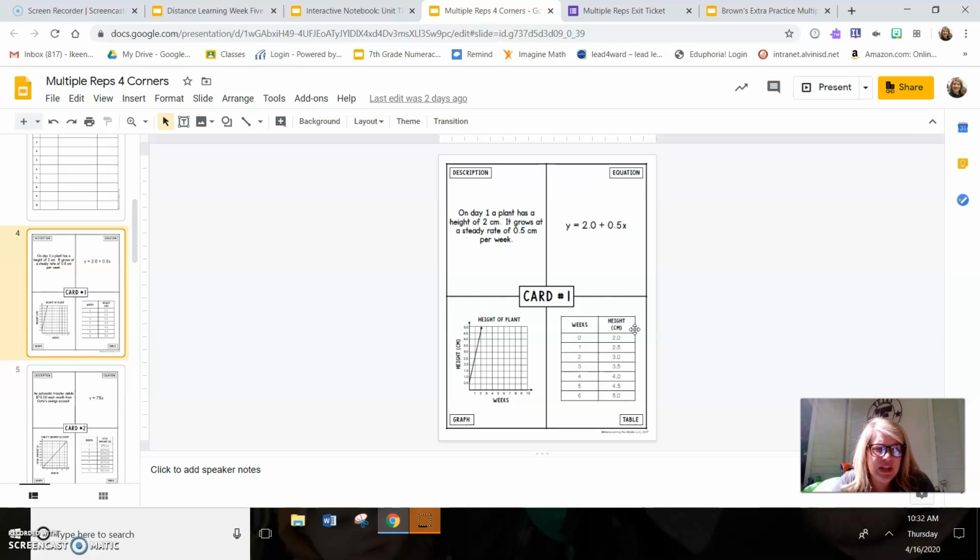And then if there is a constant of proportionality, you're going to write that. Remember, in order for it to have a constant of proportionality, it has to be a proportional relationship, which means that it has to pass through the origin. Okay, so keep that in mind.